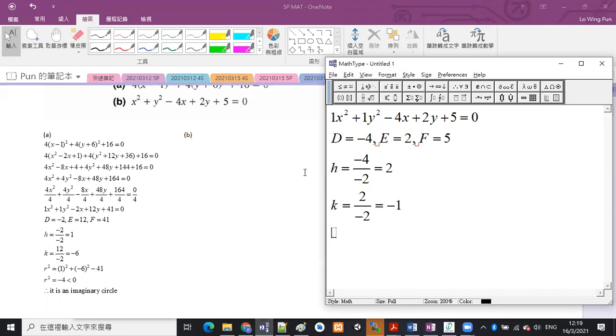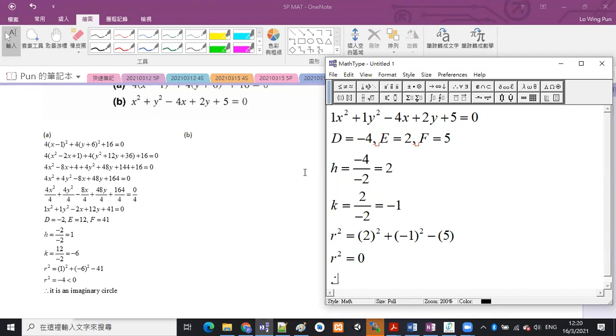Okay, and then the R squared will be calculated by H squared plus K squared minus F, which is exactly equal to 0, right? Therefore, we can conclude that it belongs to the second case, case 2.